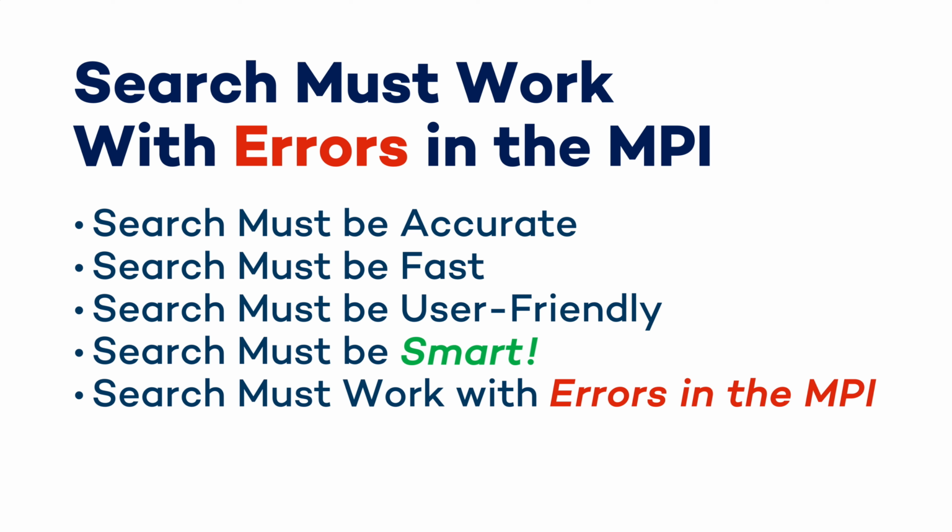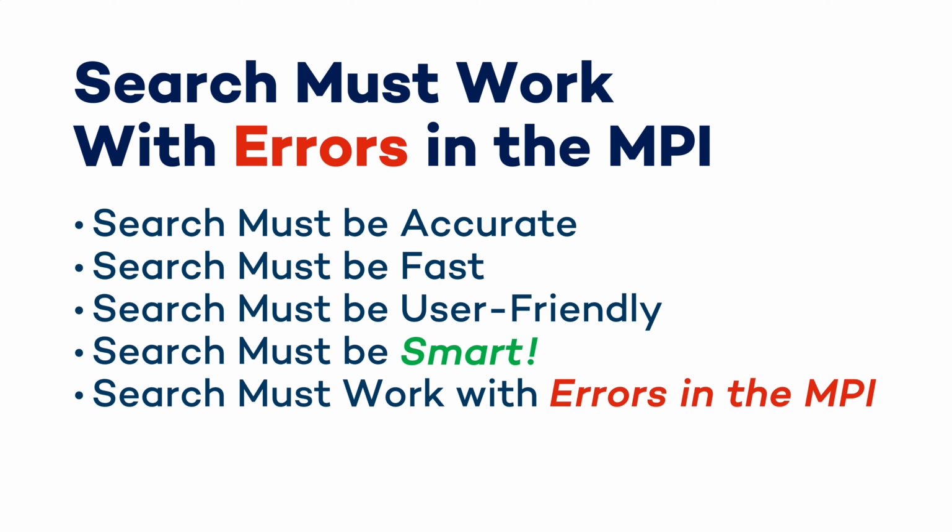We've already talked about it must work with errors in the MPI, and that's the fundamental driving principle for modern search in healthcare. Our data has errors by definition, and our search needs to work with errors by definition.